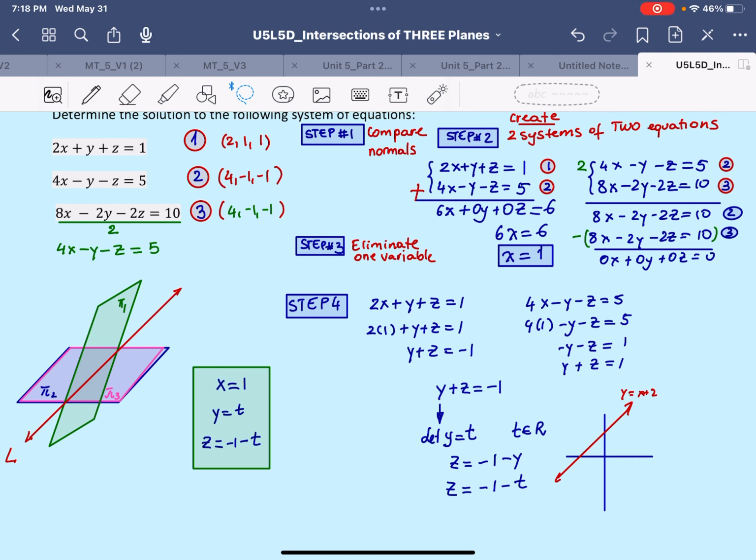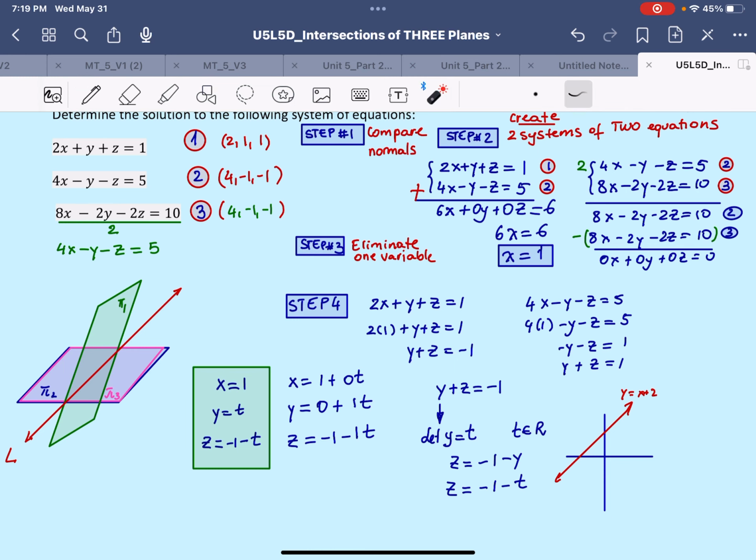If we were to involve t in every equation that describes x, y, and z, then x will be equal to 1 plus 0t. The value of y, you don't see any constants in here, so it's 0 plus 1t. And the value of z will be negative 1 minus 1t.